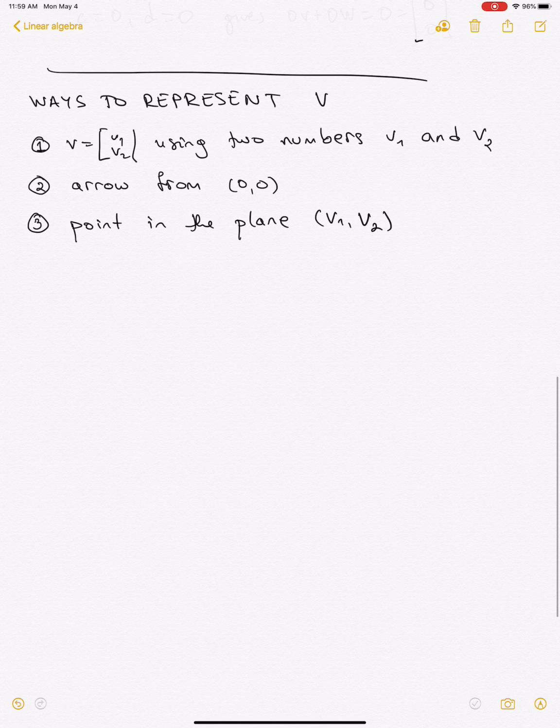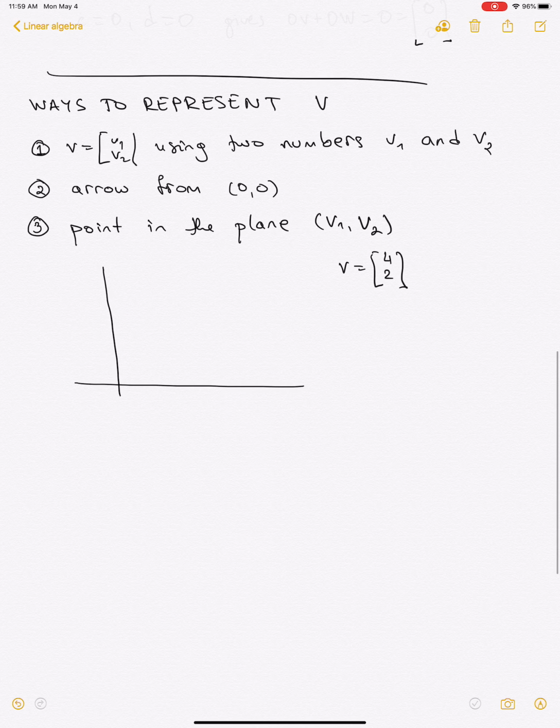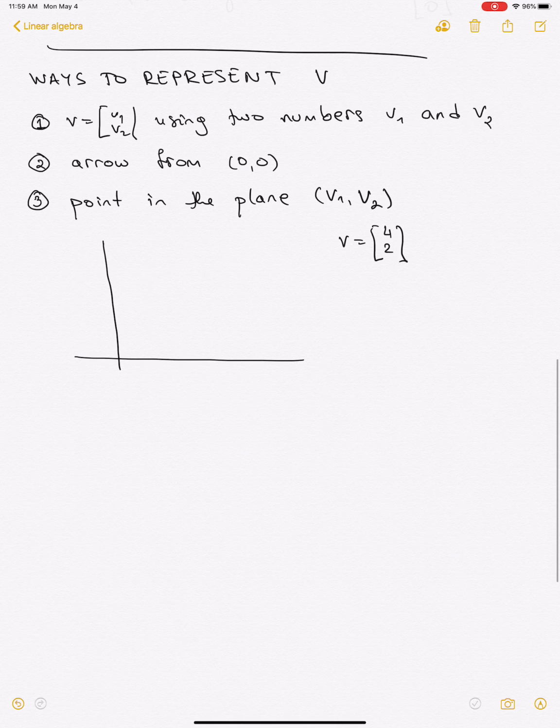So let's look at these graphically. I'll use the example v equal to 4, 2. Just by writing v equal to 4, 2, that's the first representation. The second representation would be an arrow, and the third would be a point in the plane.